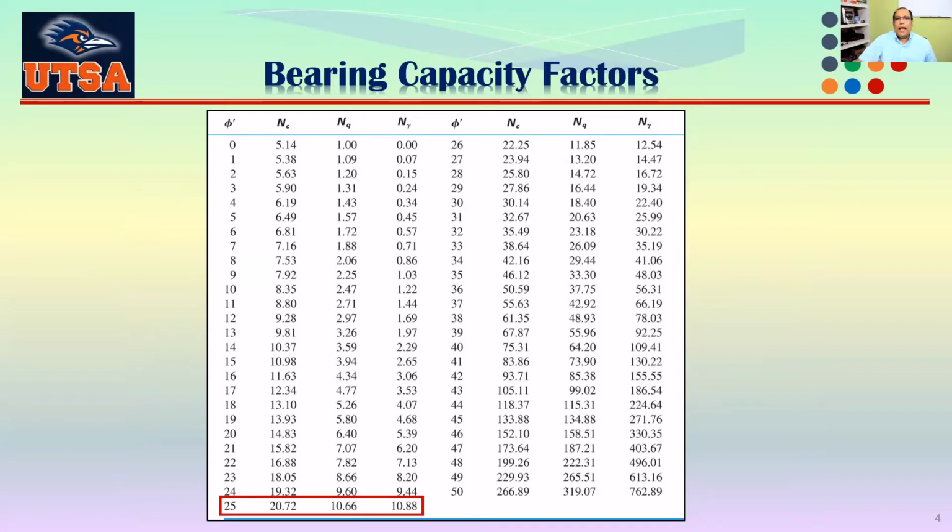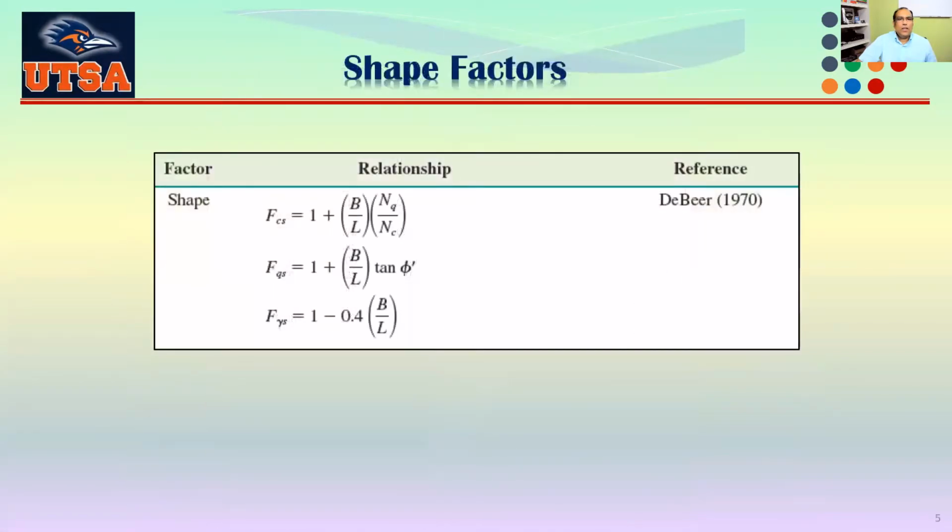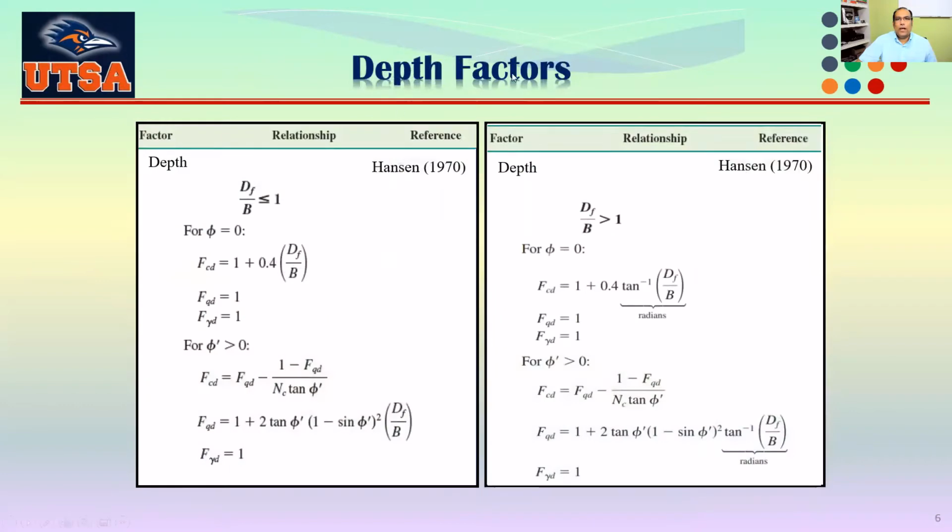Okay. And you can see this is the shape factor that we are going to use for our problem, but we need to check this one for our depth factors. You can see that all the equations given here use Df by B. So Df in our problem is 1.5, B is 2.